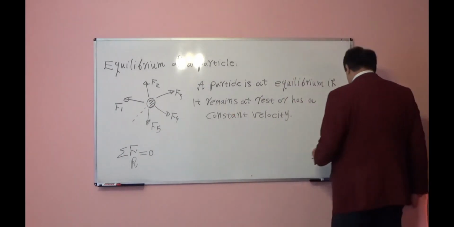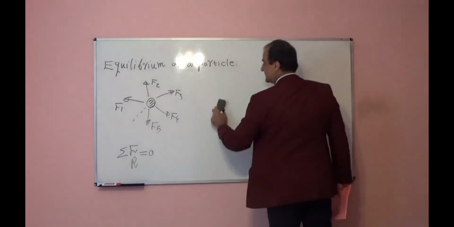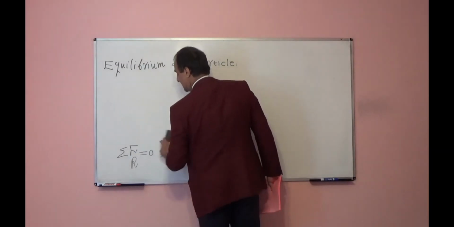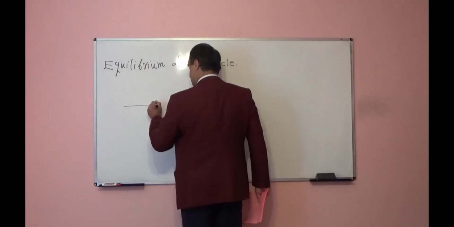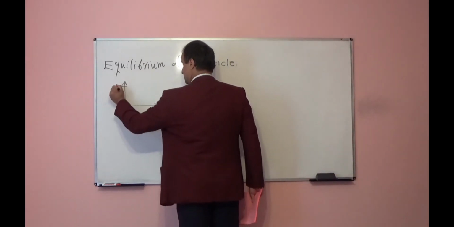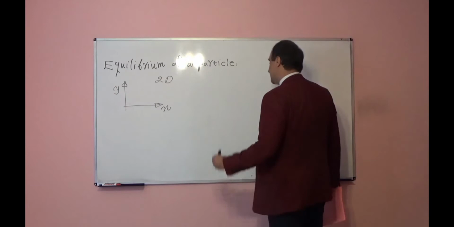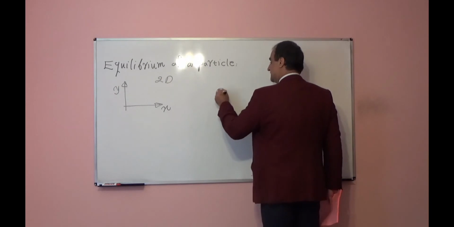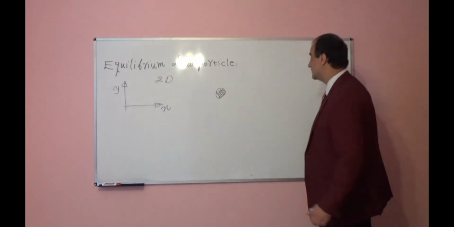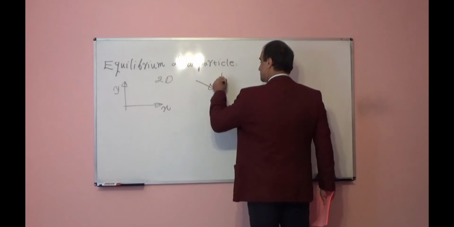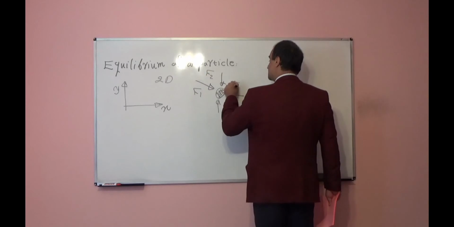If we have a particle in two dimensions, we have two directions, one horizontal direction, another vertical direction: y, x, 2D. In order to have this particle in equilibrium, as I mentioned, the summation of forces should be equal to zero.